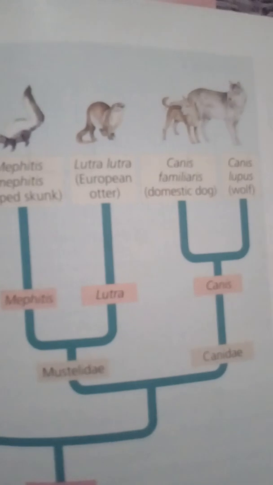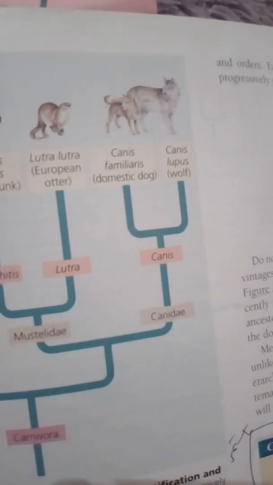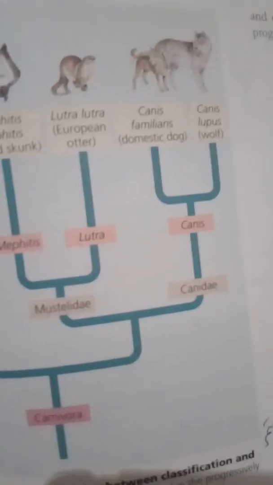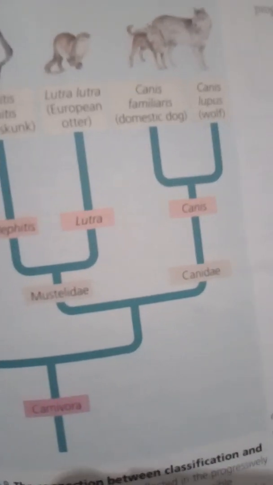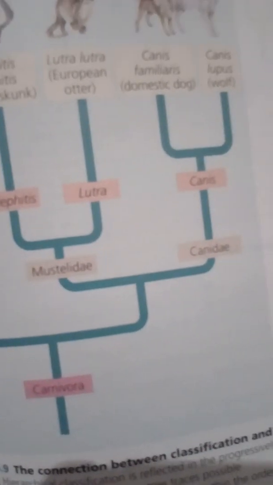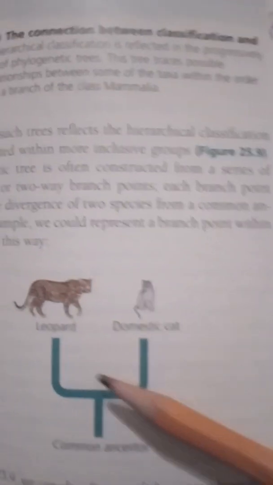A phylogenetic tree is often constructed from a series of dichotomies, or two-way branch points. Each branch point represents the divergence of two species from a common ancestor. For example, we can represent a branch point within the cat family this way: leopard and domestic cat, with their common ancestor.